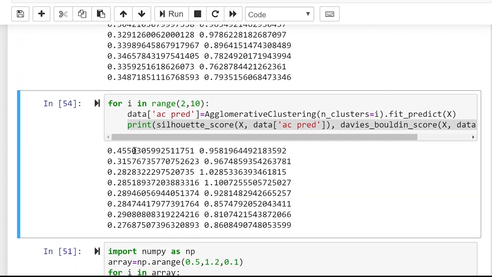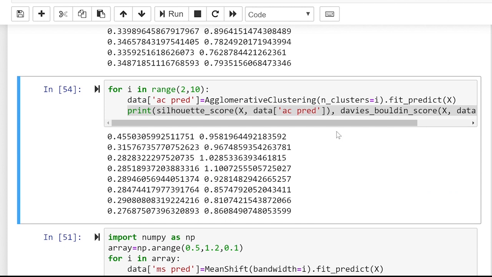If we check agglomerative clustering, again we define the number of clusters we want to see. The highest silhouette score is the first one. The lowest Davies-Bouldin score, again 8.